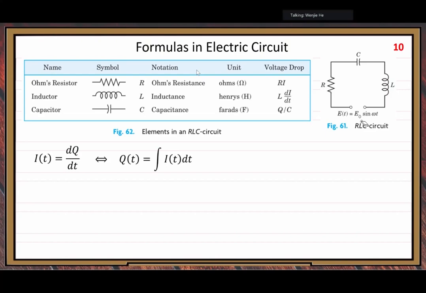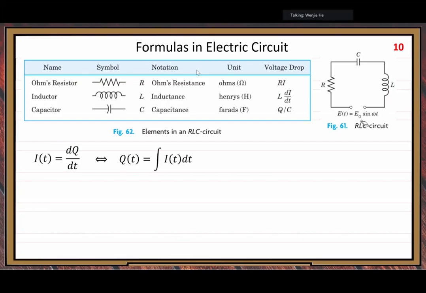So when we apply the Laplace transform, we need to use the convention: the original functions before the Laplace transform use lower case, little i, little q, and the uppercase symbols denote the Laplace transform of the corresponding functions.